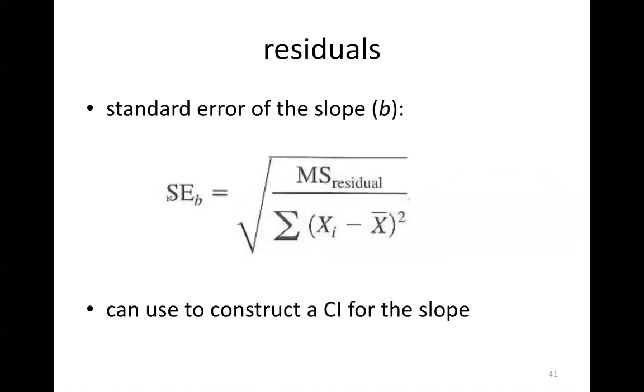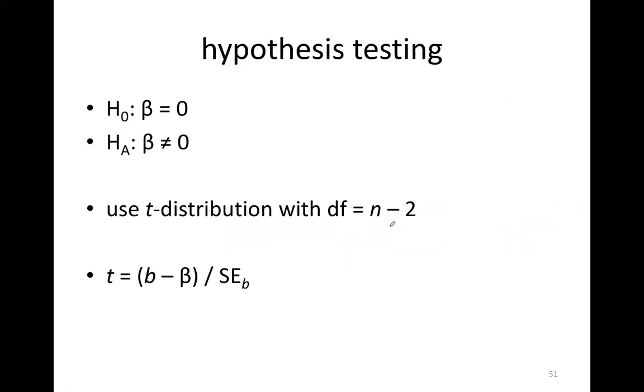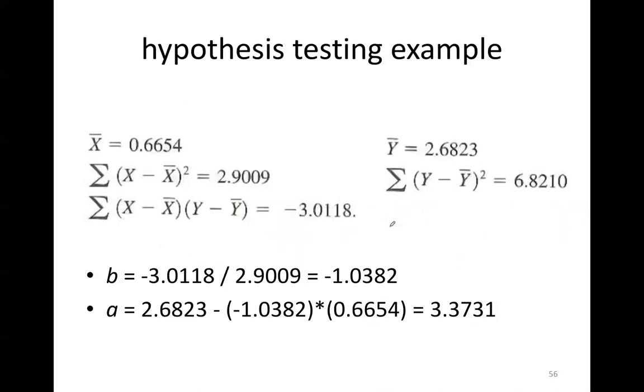And we'd also seen how to calculate an estimate of the standard error of the slope. B is the slope, right? That was the residual mean squares divided by the sum of squares of x, and the square root. So we can use those values.